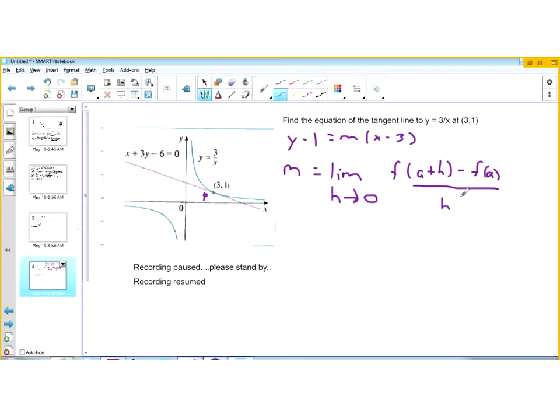So we'll calculate the slope of the tangent line by taking the limit as h approaches 0 of the difference quotient. And of course, in this case, a is 3.